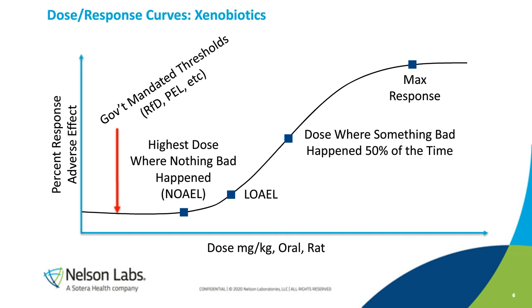That's the lowest dose where something bad happened. I usually try to find studies where there's both a NOAEL and a LOAEL. The presence of a LOAEL tells me that the experiment was capable of seeing an effect, right? And then the NOAEL tells me the highest dose that would be protective.